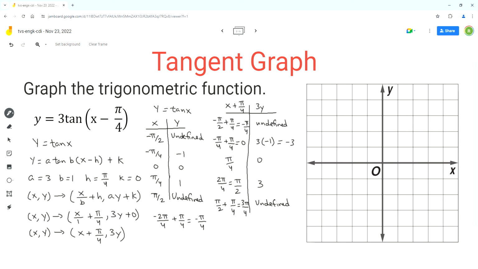So first we have to draw the scale on the x and the y axes in the grid. Let's start with the x axis. The x values are negative pi over 4, 0, pi over 4, pi over 2, 3 pi over 4. The values are going up by pi over 4. So we can show the scale as each square being equal to pi over 4 along the x-axis.